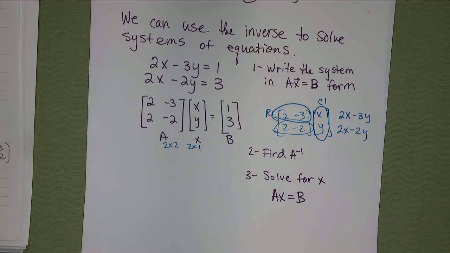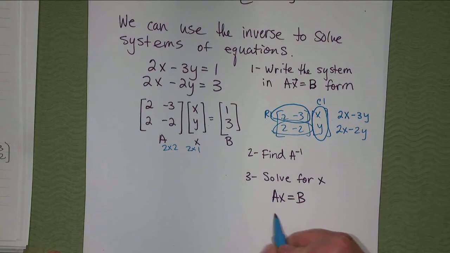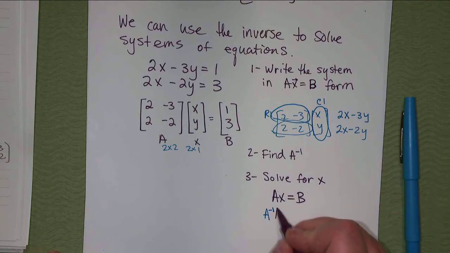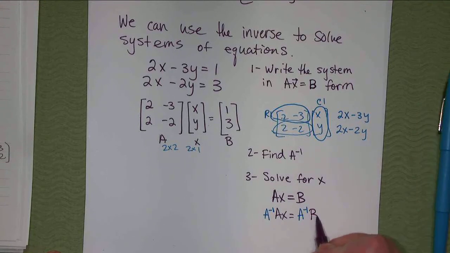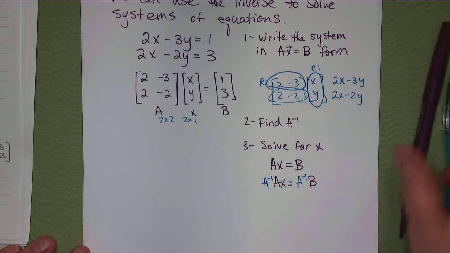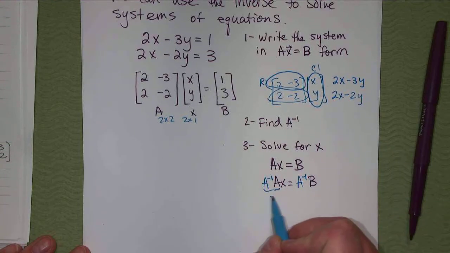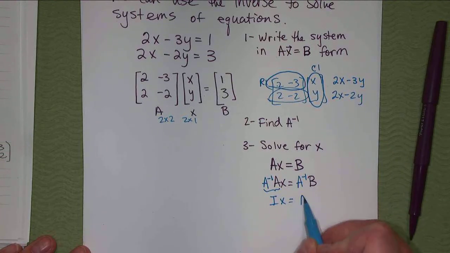Instead of dividing, you have to multiply by the inverse. It has to go in front because it has to touch what you want to get rid of. So here you would multiply by A inverse on both sides, at the front. What does this give us? I, which is just X, because it's like multiplying by 1.